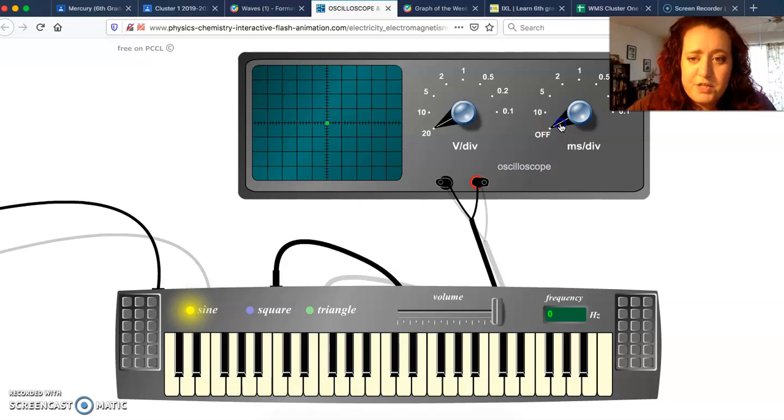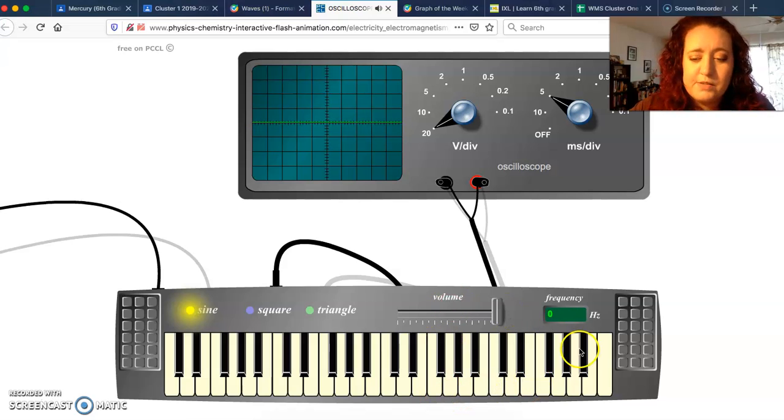You do have to adjust this so that you can see. But what it allows you to see is you have this readout here, and then you have a piano, and you can play a note, and you can see how that changes the frequency.